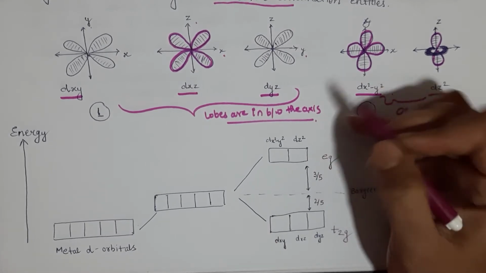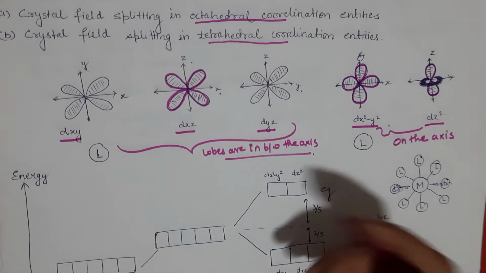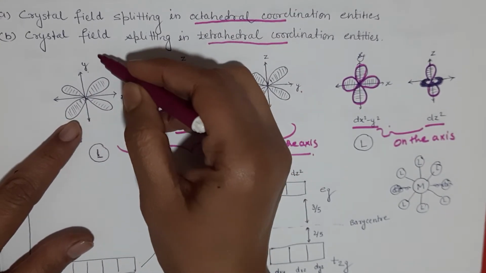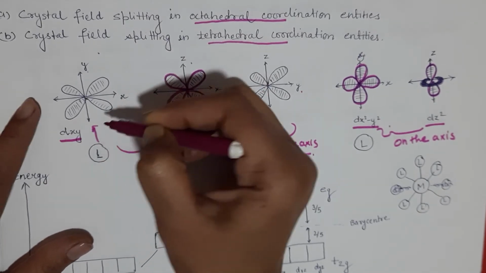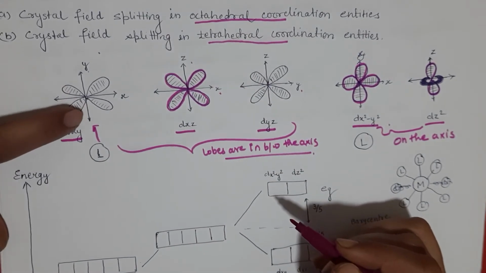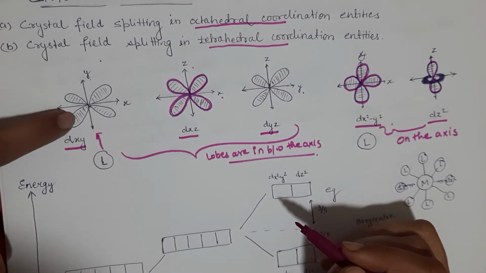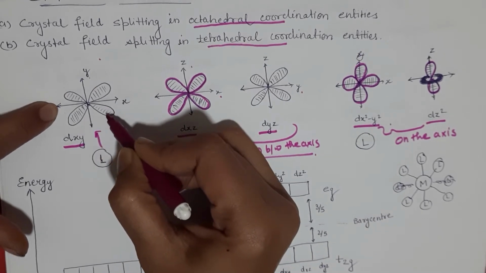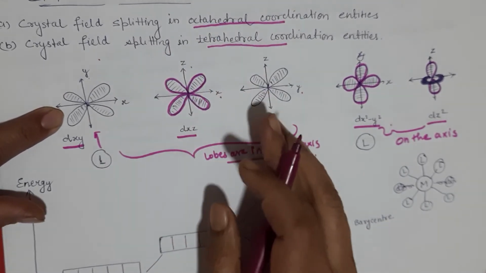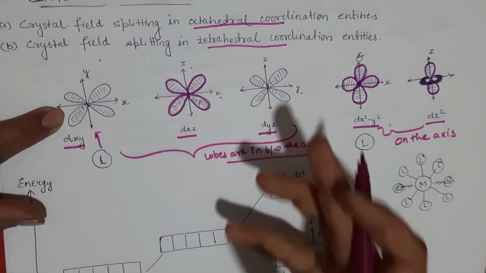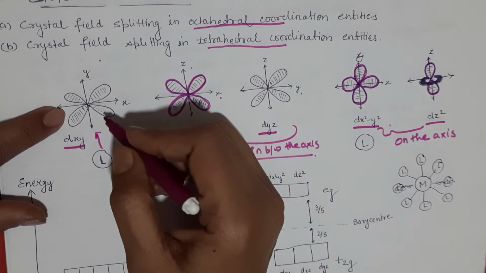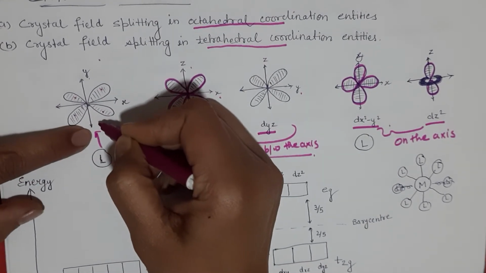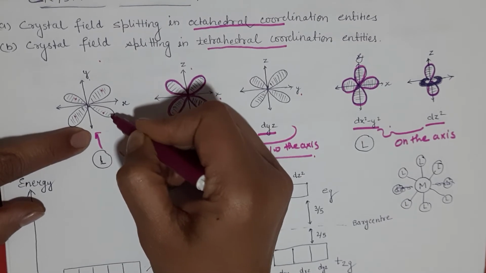Why this happens is, the ligand always approaches by an axis. So if the ligand approaches from the axis, it does not interact with any lobe here, because the lobes are present in between the axes. The lobes are the places where we can find the electron. There is a probability of finding electrons always inside the lobes. So the ligand's electron does not interact with the electrons present inside the lobe.